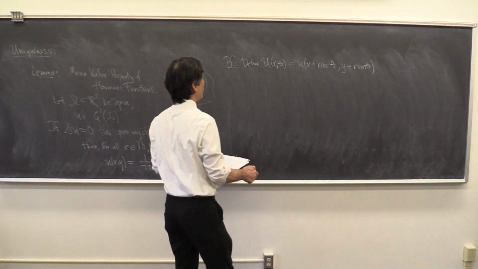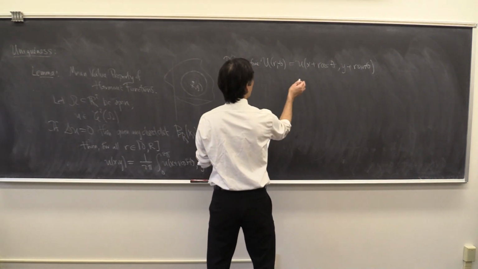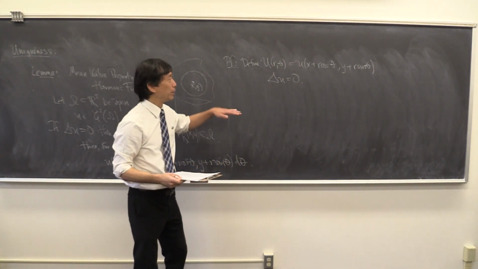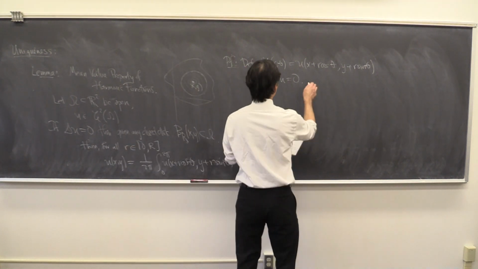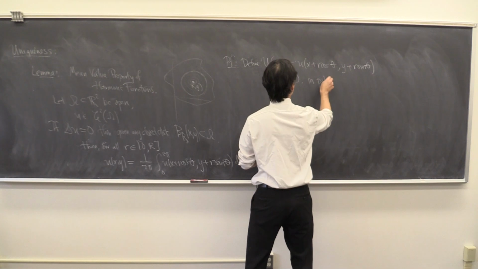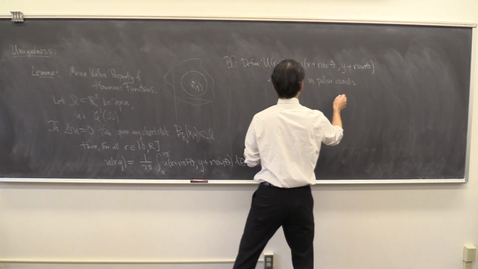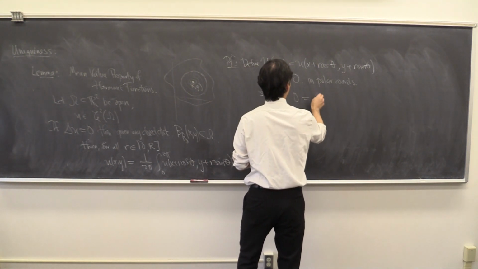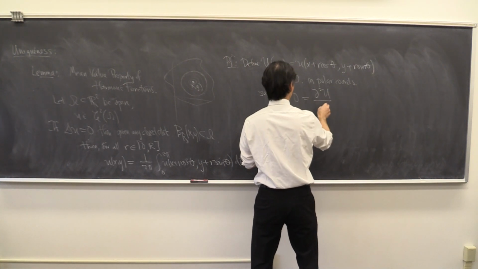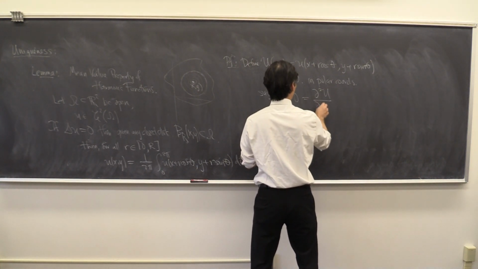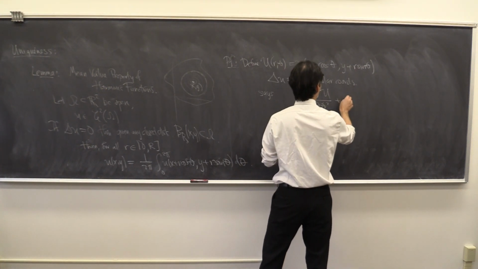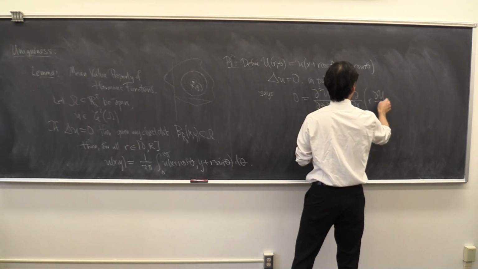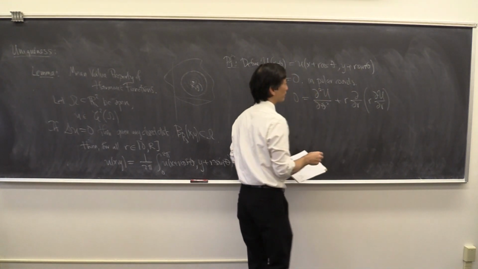Okay, so if you take the Laplacian and change it into polar coordinates, this says exactly that the second partial of capital U with respect to theta plus r times the first partial of the product r times dU/dr equals 0.